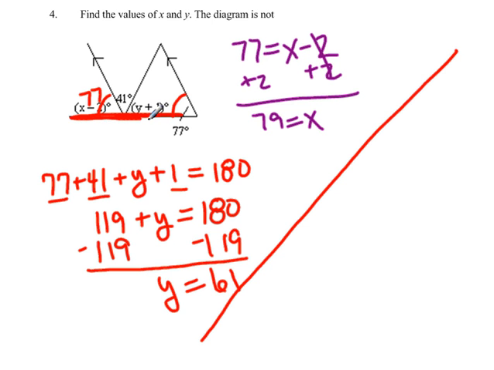A line. So guess what? They are supplementary. Is that not what we have? 77 plus 41 plus y plus 1? Those 3 are right here. So that's just another way of seeing it. We can work it out the same way, and we would still get y is equal to 61.